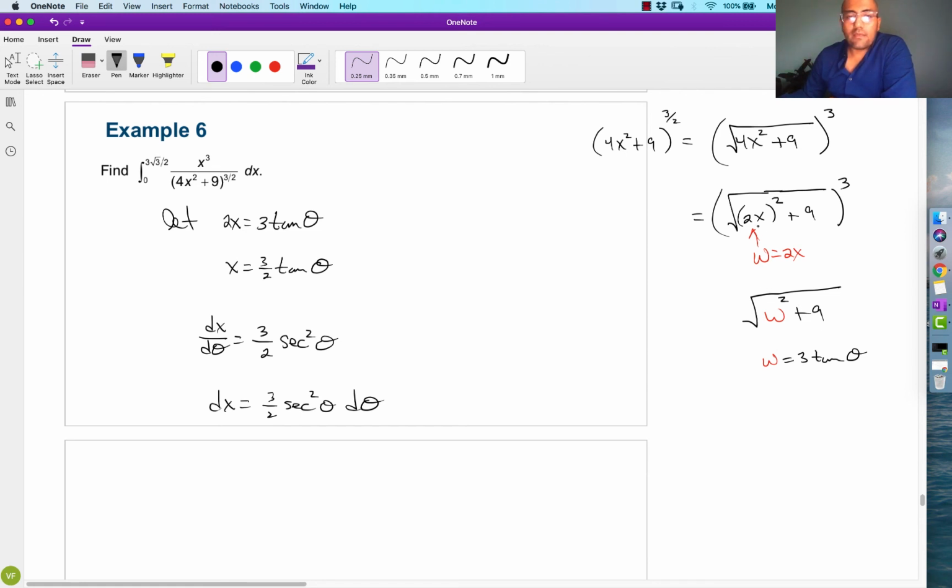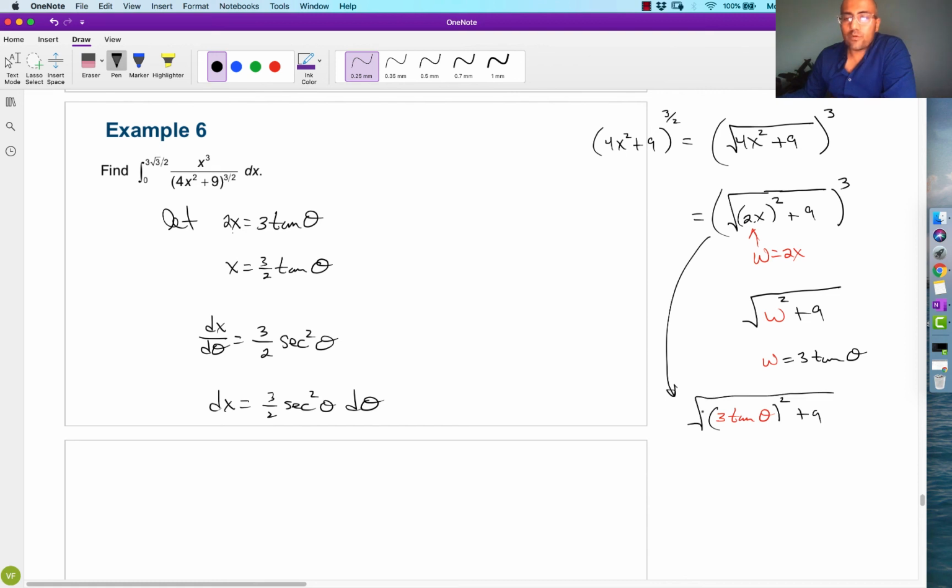So if I let the 2x equal 3 tangent of theta, let's just go from here. So I had 2x is equal to 3 tangent of theta. So this part here gets replaced by 3 tangent of theta. That's the 2x, right? That whole thing gets squared, plus 9.